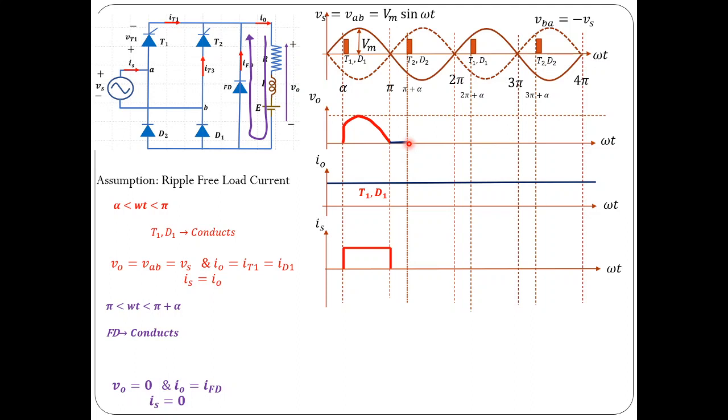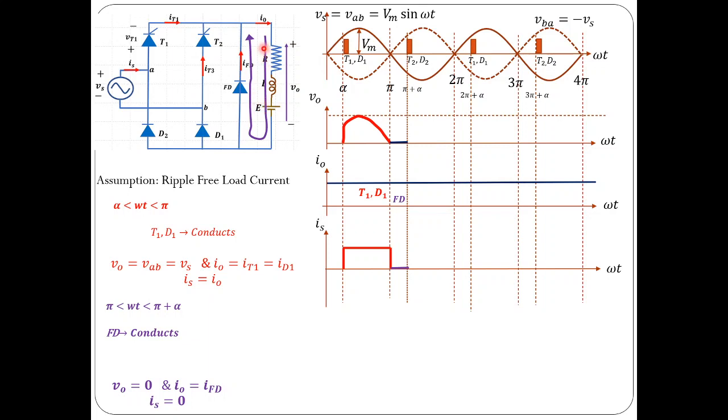Load voltage is 0. So why is load voltage 0? Even though we have a battery, you can see this is the path of conduction during this period. Voltage across the overall load, that is resistor, inductor and battery together, is going to be the same as the drop across the freewheeling diode.